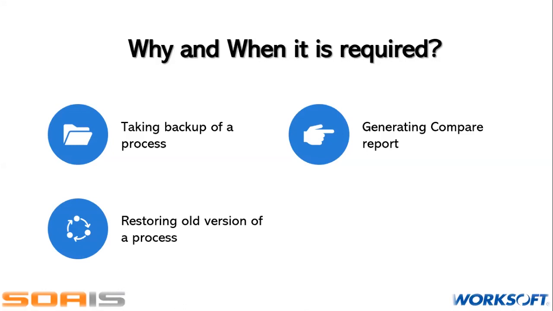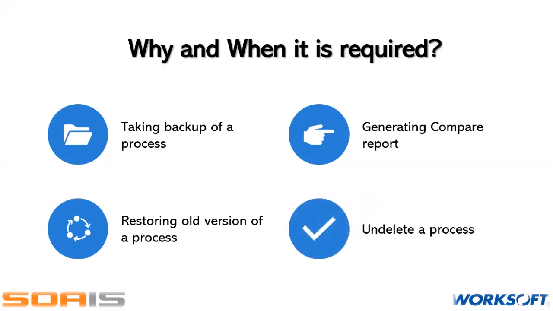Then you have to modify that process again to make it the old version. But if I create a version of the process and use the restore old version feature, we can easily, within 1 minute, restore the whole old process into our current version and use it as the current version.